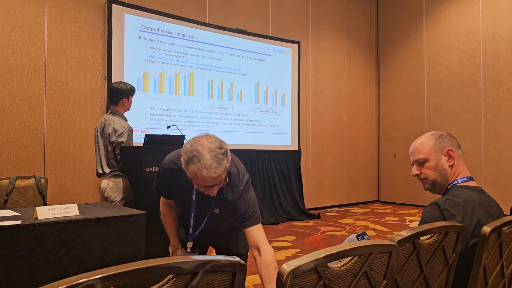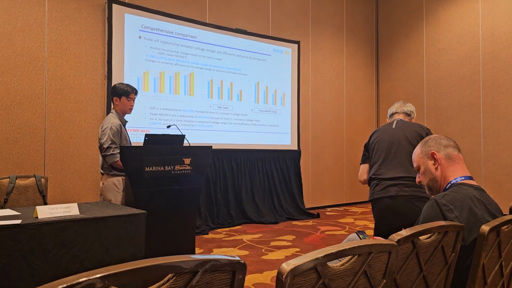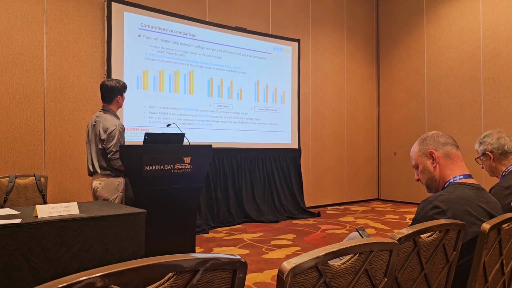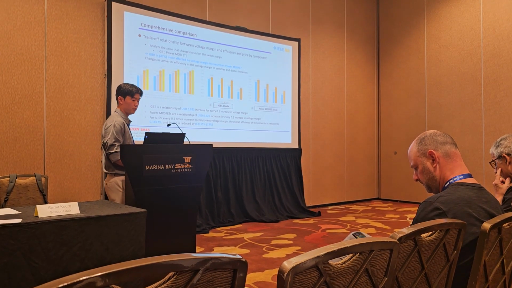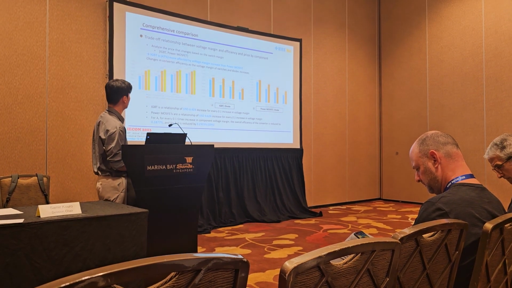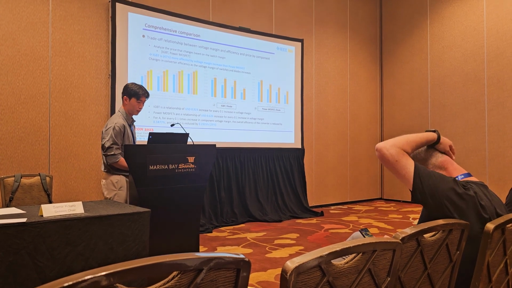The second and third graphs show changes in converter efficiency as the voltage margin of switches and diodes increases. Interestingly, in terms of efficiency, the power MOSFET is 27% more affected by voltage margin increase.